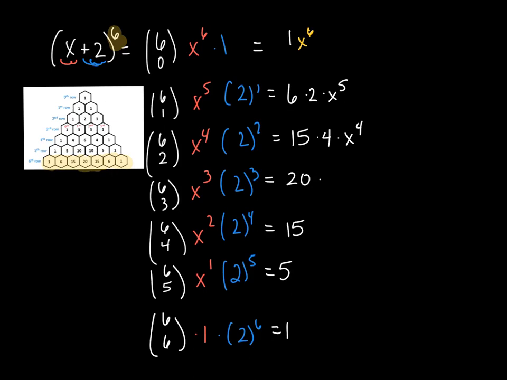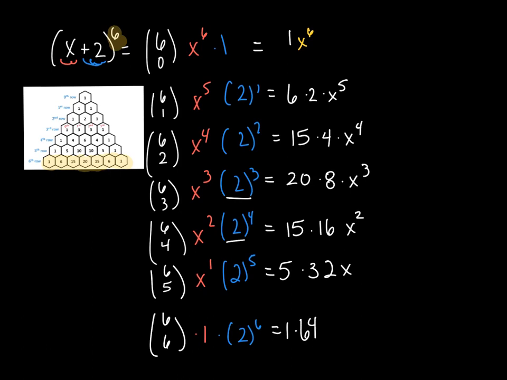This will be 20 times 8, because 2 to the 3rd is equal to 8, times x to the 3rd. That is going to be 15 times 2 to the 4th, and 2 to the 4th is 16, x squared, and 2 to the 5th is 32x, and the last one, 2 to the 6th, is 64.